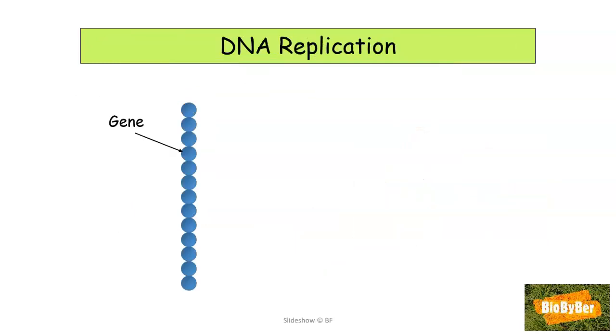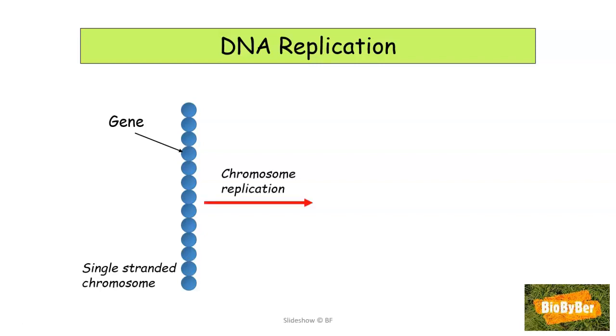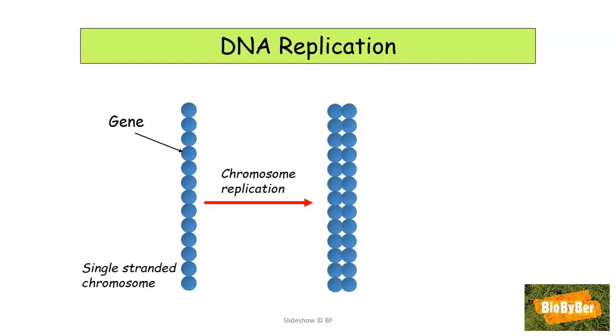Let's look at DNA replication or chromosome replication in just a little bit more detail for the moment. In chromosome replication, the single-stranded chromosome is replicated, photocopied exactly, and we produce 2 identical chromosomes or 2 identical strands.